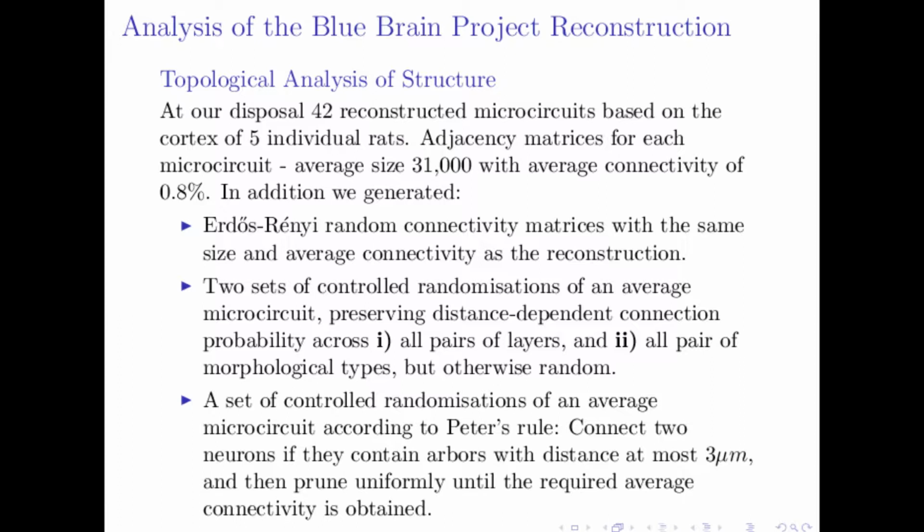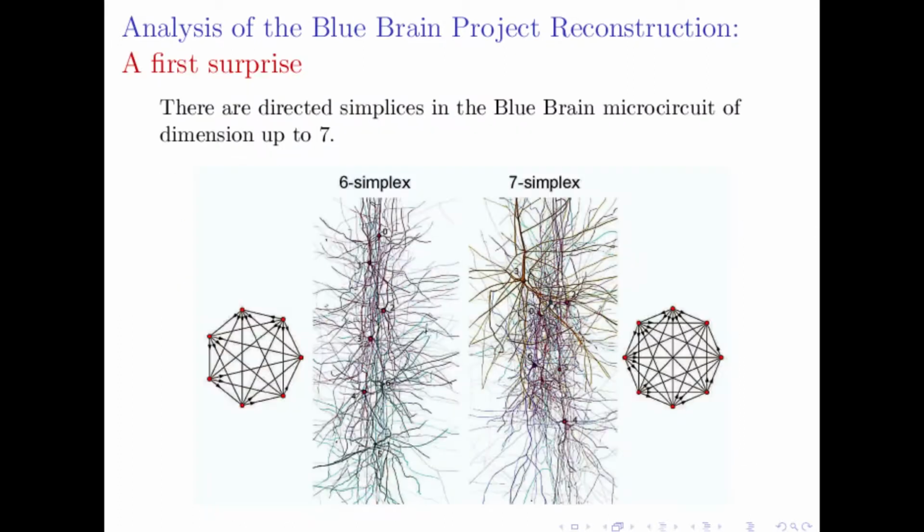Yes? So when you're talking about these high-dimensional simplices, is the way we should think of them, there's some kind of path where the neurons are connected end to end, and then also there are connections between ones that are farther apart in this path? No, let me go back to the picture. It's here. So if you're looking here, for instance, this guy here is a neuron, one of the neurons here. I can actually find it. It's this one, right?